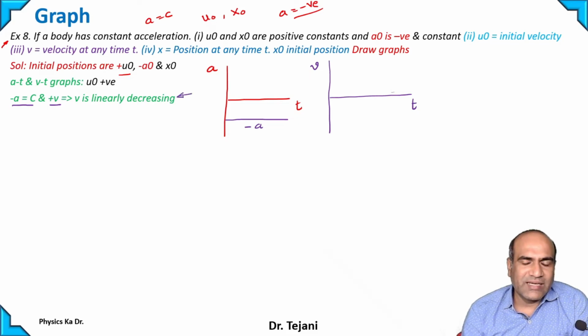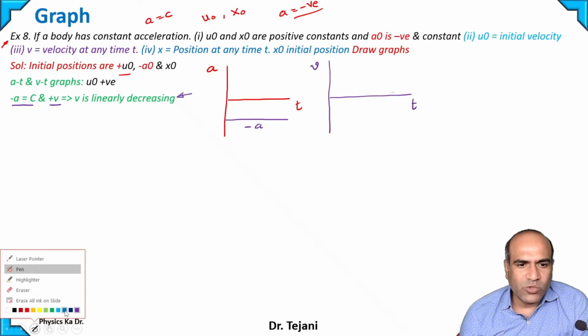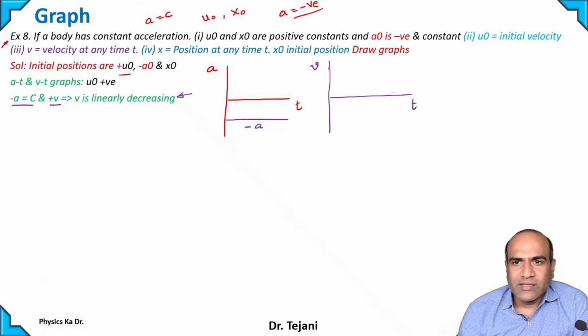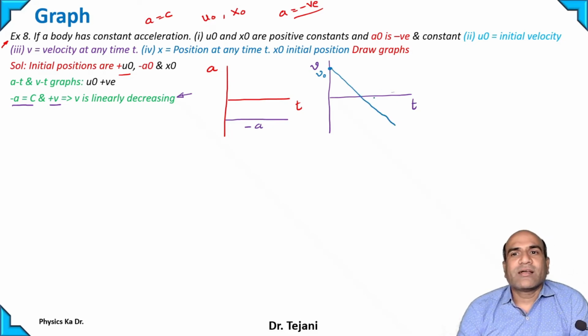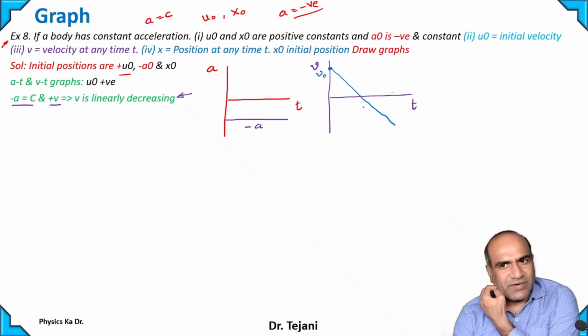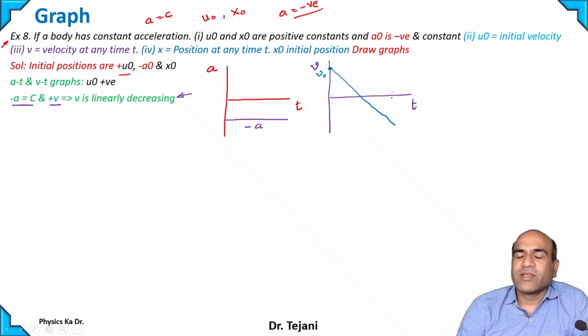Initially velocity v0 is given positive, say it is v0, and then it decreases linearly. So you can see this kind of slope for the VT graph. It crosses 0 and then goes to the opposite side. It is fine.